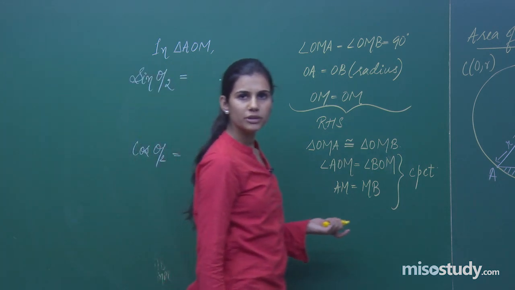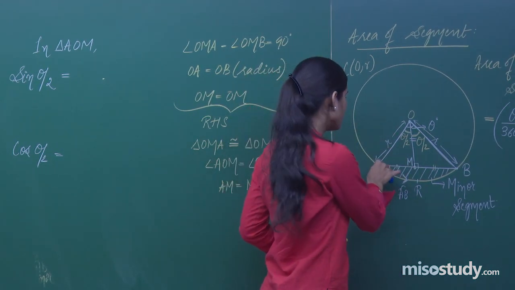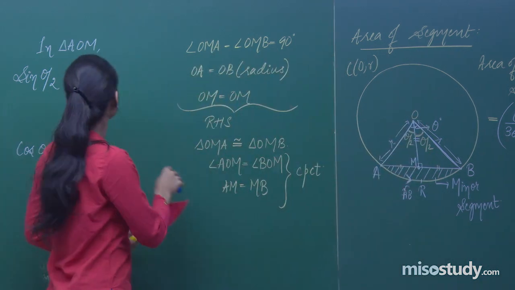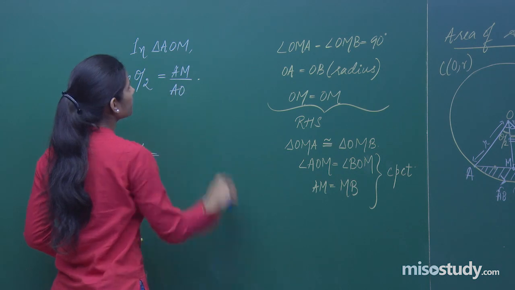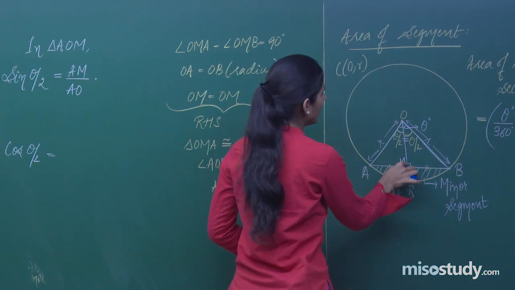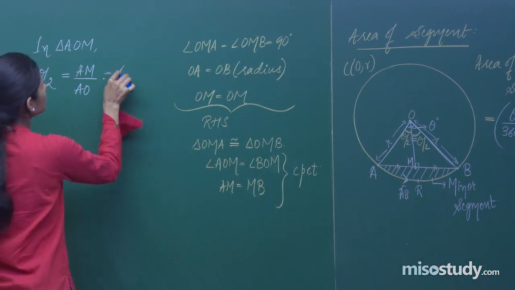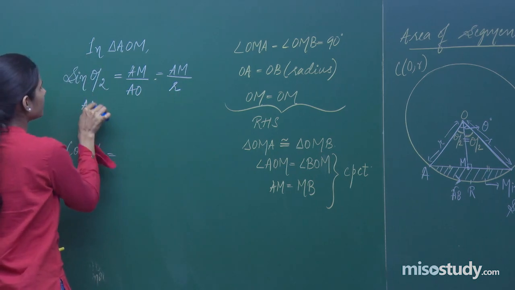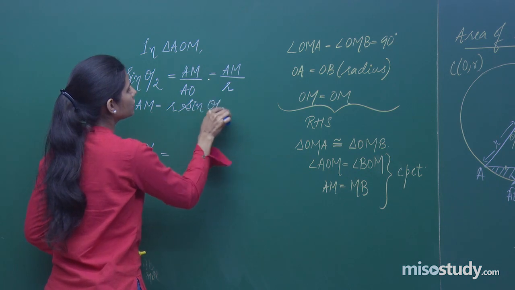Theta by 2 is an acute angle. So sine theta by 2 is perpendicular upon hypotenuse, so AM upon AO. AO is nothing but the radius. So this is AM upon the radius. So what is AM then? AM is R sine theta by 2.